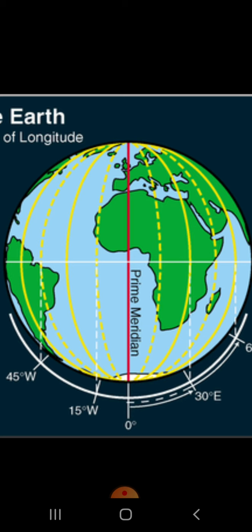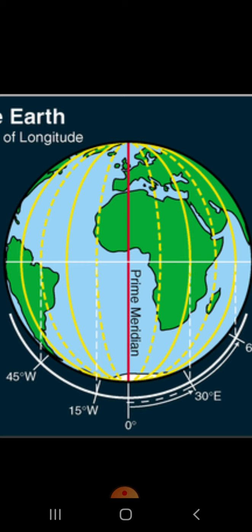This 0 degree longitude divides the earth into two hemispheres, western hemisphere and eastern hemisphere, like the equator divides the earth into northern hemisphere and southern hemisphere. And this 0 degree longitude is known as the prime meridian.